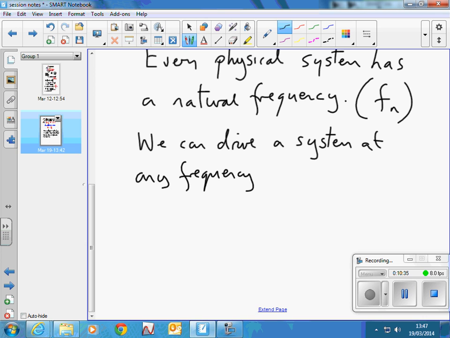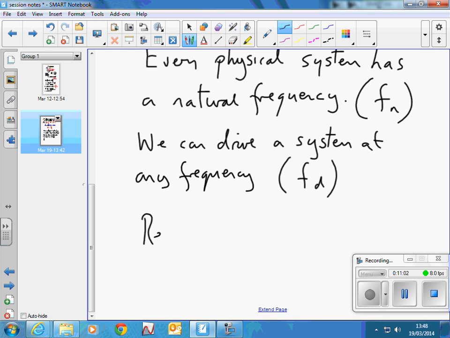But an interesting thing starts to happen when that driving frequency, let's call the driving frequency FD for driving, equals the natural frequency. Then we get particularly large oscillations in the system, and in the circuit that's associated with particularly large currents. And that's when we get what's called resonance.